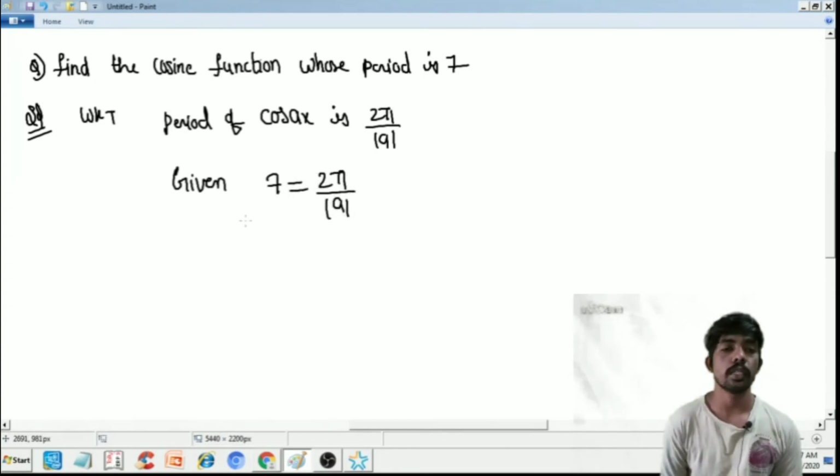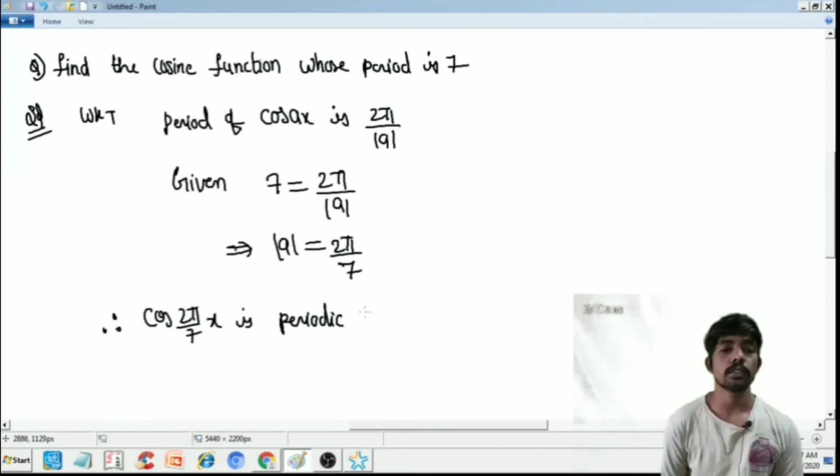Just bring a to the left hand side and send the 7 to the right hand side. Modulus a is equal to 2 pi by 7. Therefore cos of ax, where a is 2 pi by 7, that is cos of 2 pi by 7 into x, is the periodic function. Hence this is the required solution.